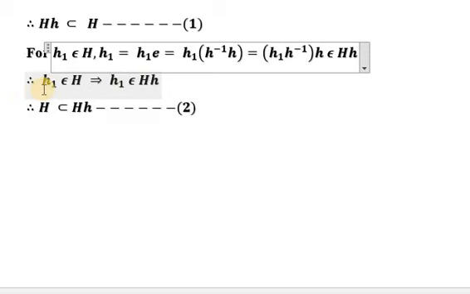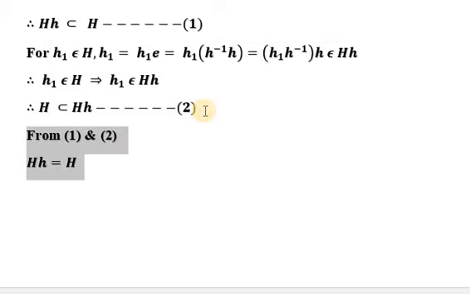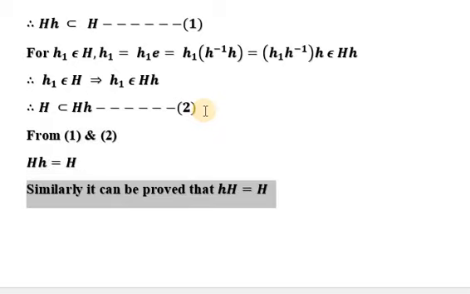Therefore, h1 belongs to H implies that h1 belongs to the coset Hh. Therefore, H is a subset of Hh. Let us treat this as equation 2. Now by equation 1 and 2, Hh is equal to H. Similarly, it can be proved hH is equal to capital H, means the set H.